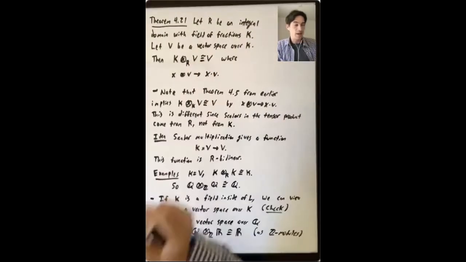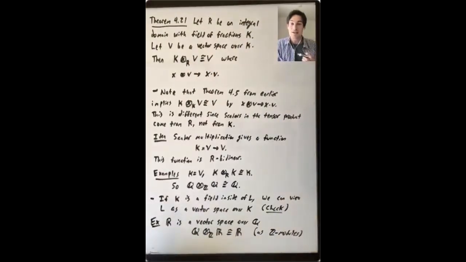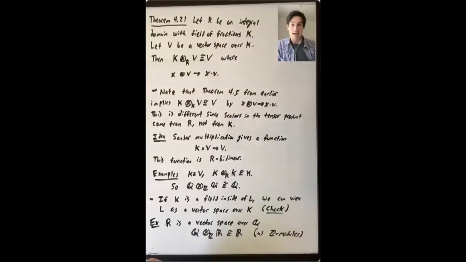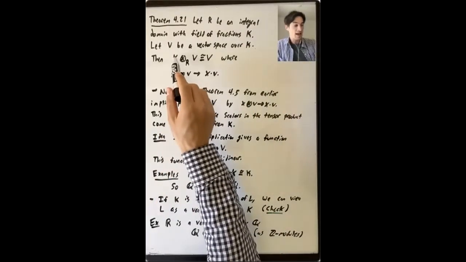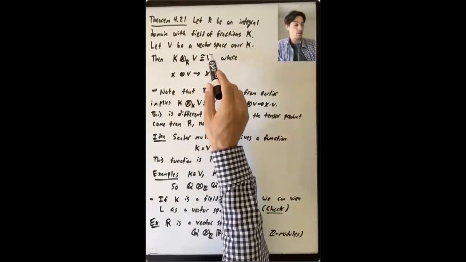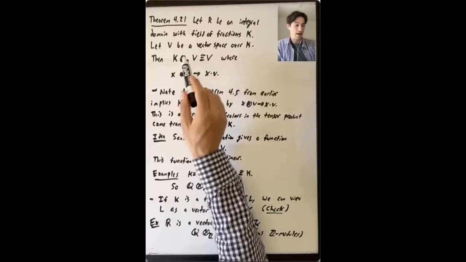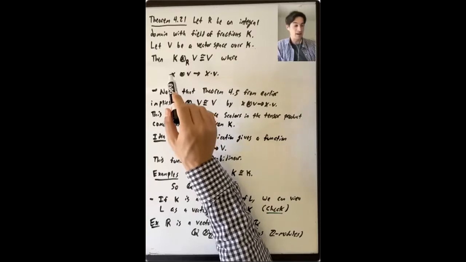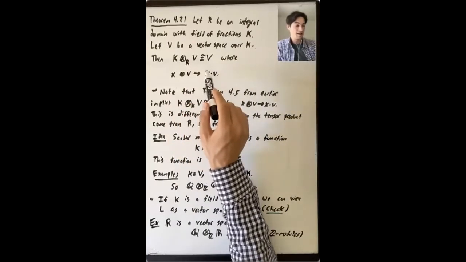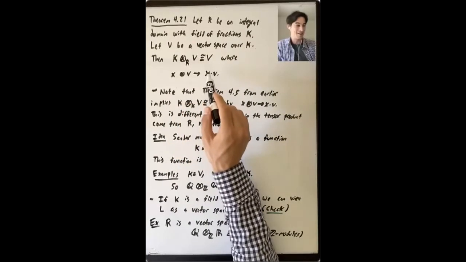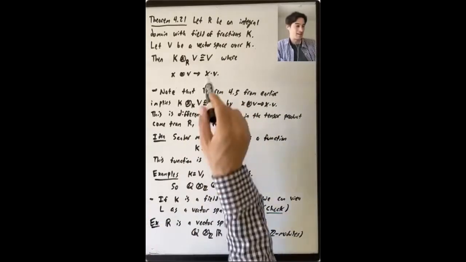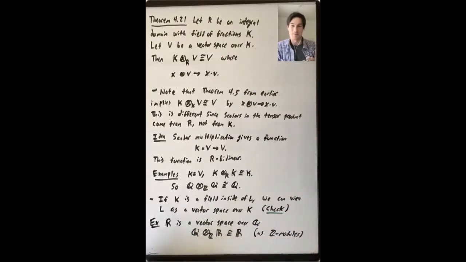Theorem 4.29 says that if R is an integral domain with field of fractions K and V is a vector space over K, then if you take K tensor V, this is isomorphic to V via an R module isomorphism, which takes the simple elementary tensor x tensor v to the scalar product of x times v, where this is the scalar multiplication in your vector space.